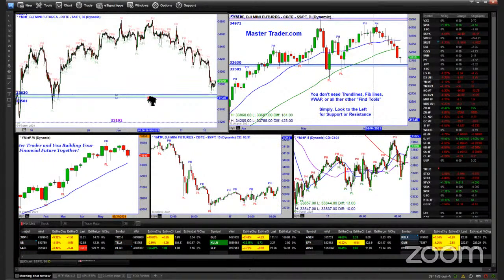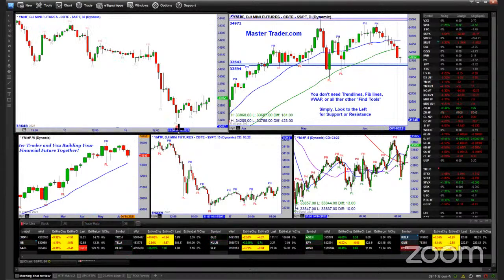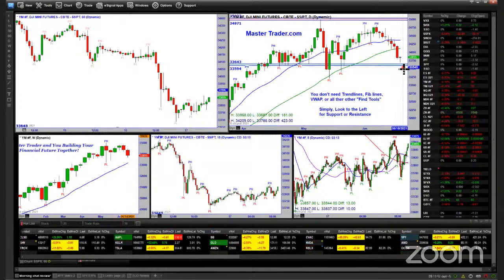Usually I'd like to see it come all the way down here, but it's close to that support, and you get a pivot. So once it gets a pivot, you can see pivot, pivot. Now it's got a higher low and a bottoming tail bar. It looks like it wants to bounce here a bit. So this led the way down. Today may be the outperformer since it's extended to the downside, and you can see the wide range bar.